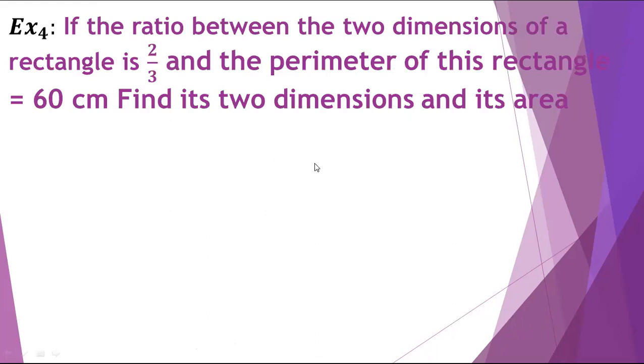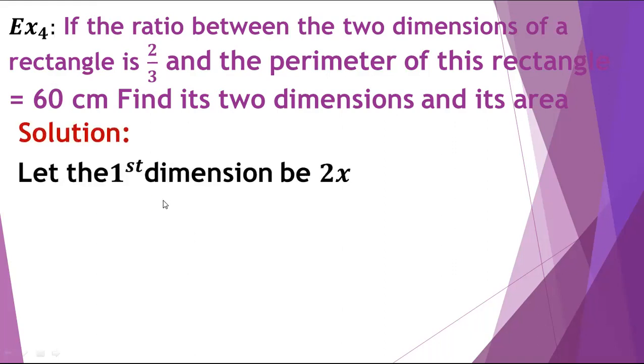If the ratio between the two dimensions of a rectangle is 2 over 3, and the perimeter of this rectangle equals 60 centimeter, find its two dimensions and its area. Since the ratio between the two dimensions of the rectangle is 2 over 3, we can break this ratio if we multiply each term of the ratio by a variable.